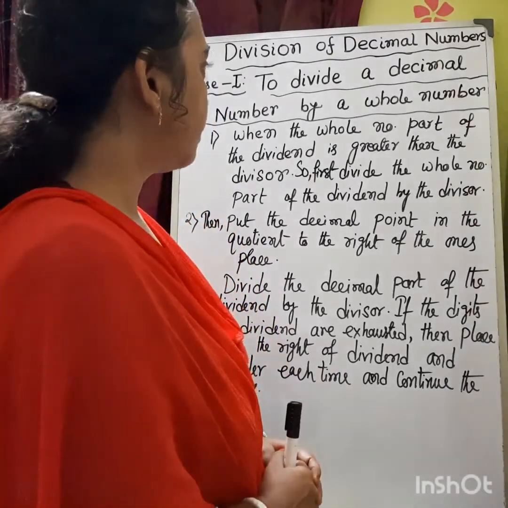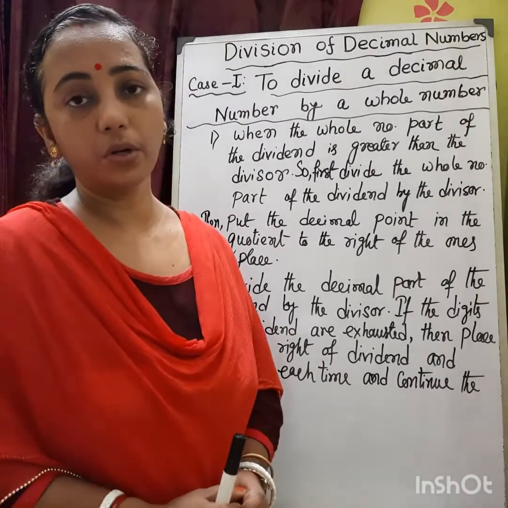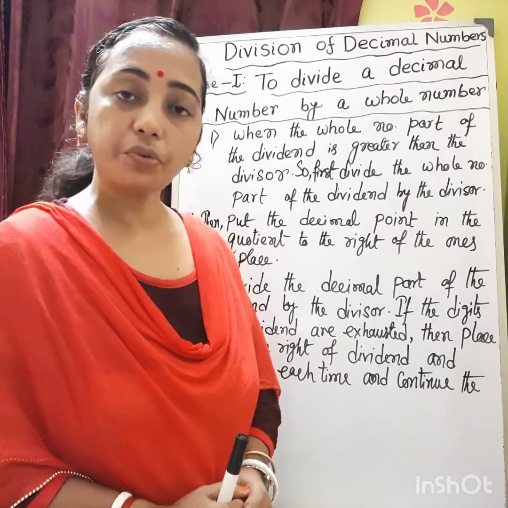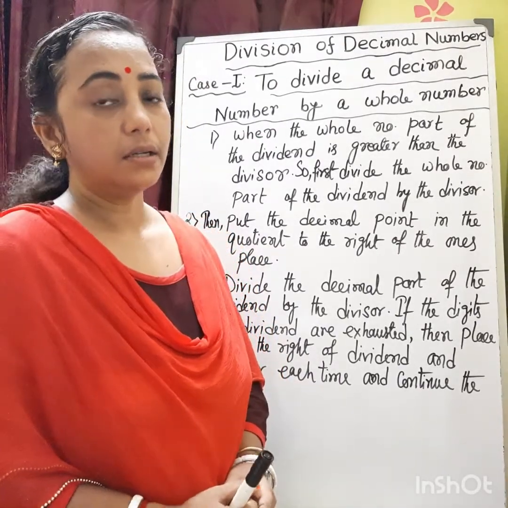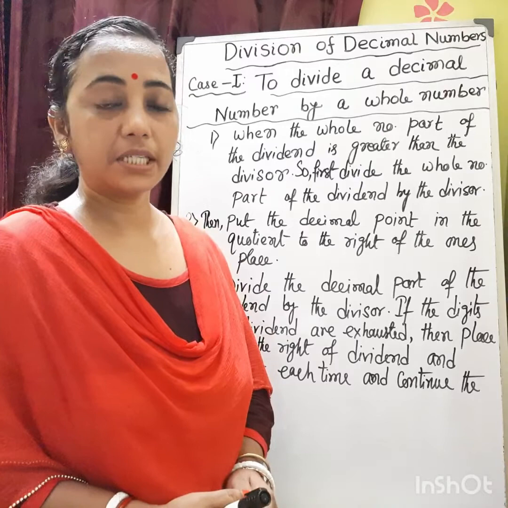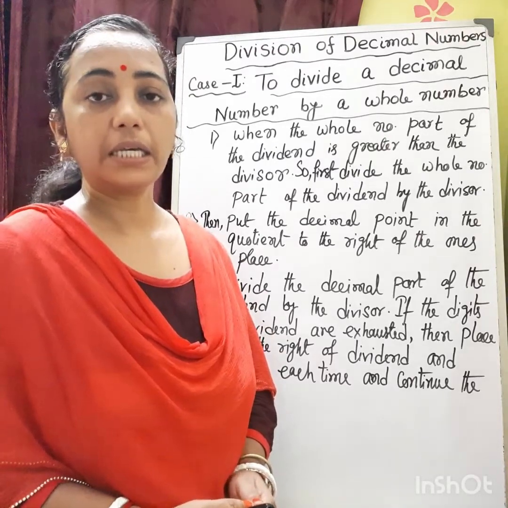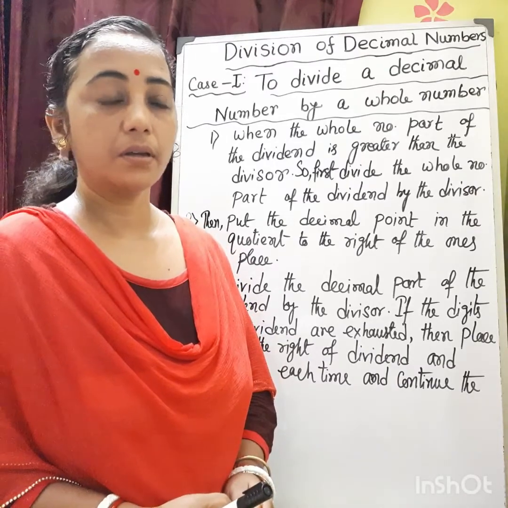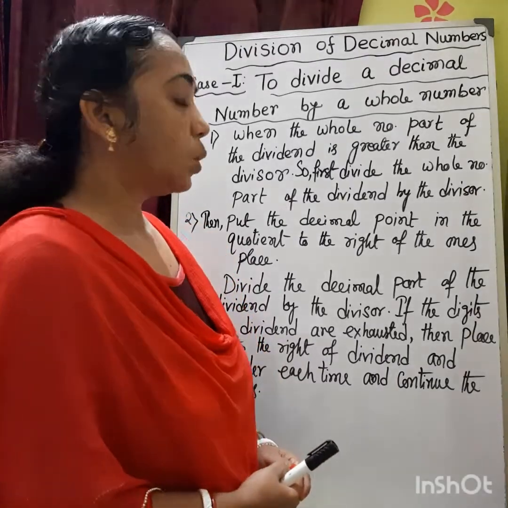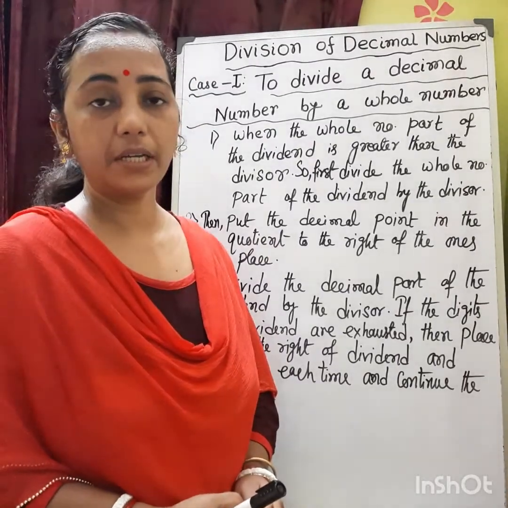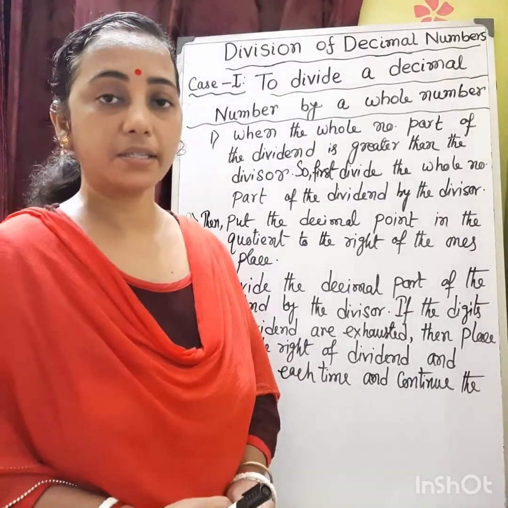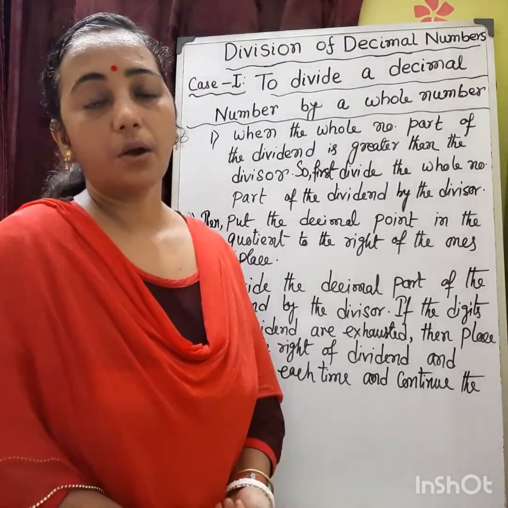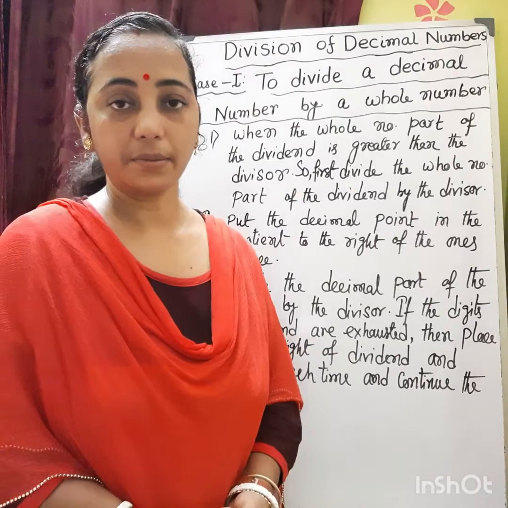So, to divide a decimal number by a whole number, the following steps are to be followed. First, we check whether the whole number part of the given decimal number, that is the dividend, is greater or less than the divisor. If the whole number part of the dividend is greater than the divisor, then first we divide the whole number part of the dividend by the divisor.